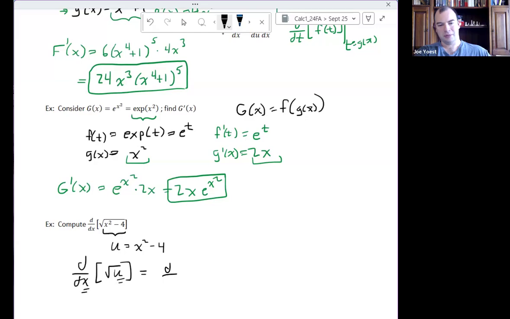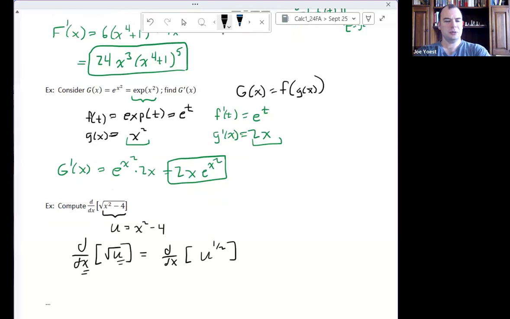Or I want to compute d by dx of u to the 1/2 power. Now, if this was d by dx of x to the 1/2 power, I could do that super easily. But d by dx of u to the 1/2 power, my variables don't match, so I can't just use the power rule here. But what can I do?